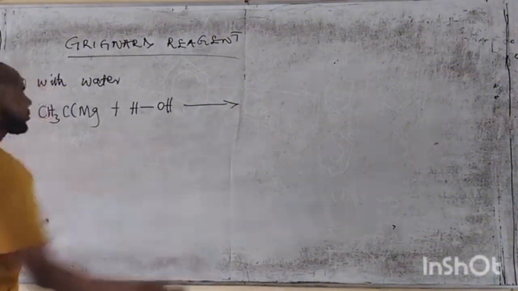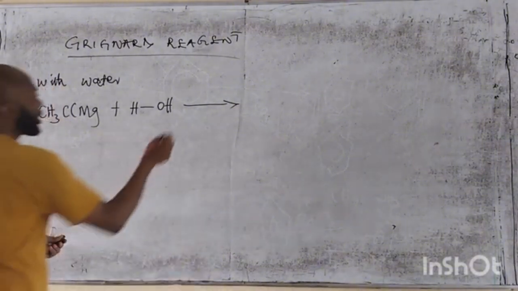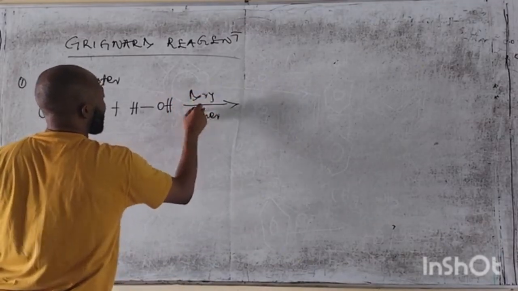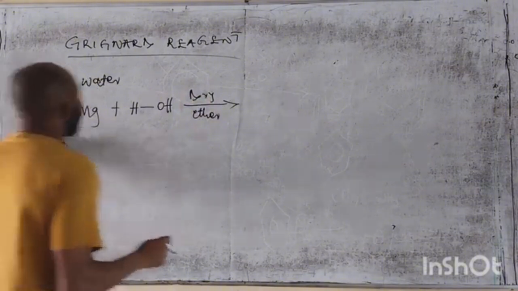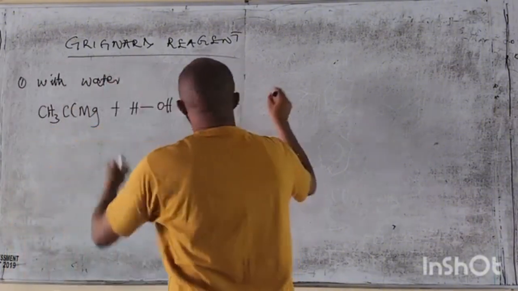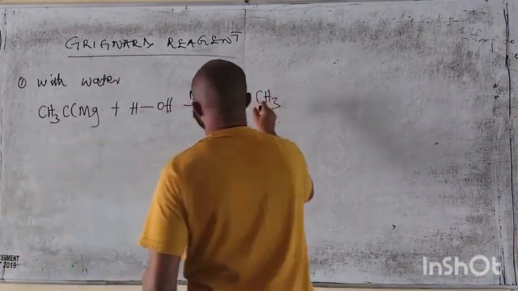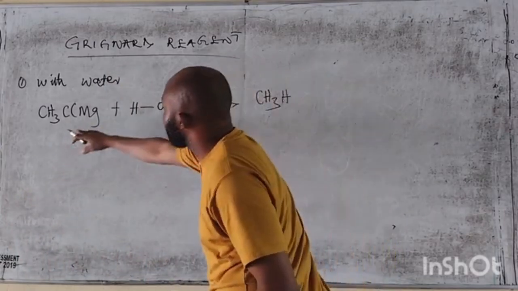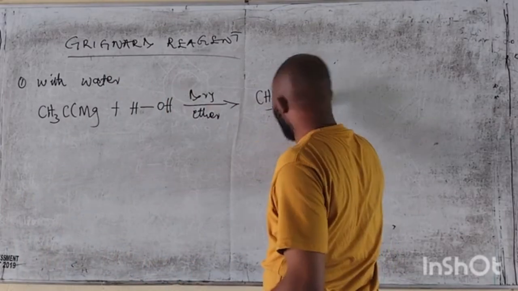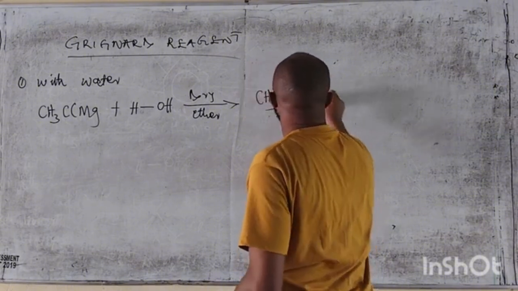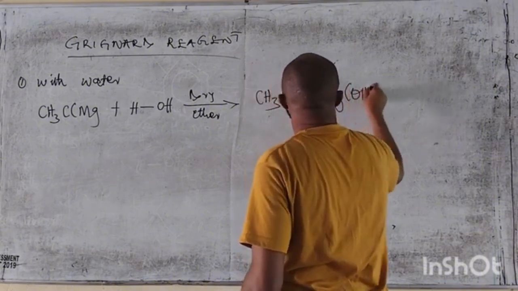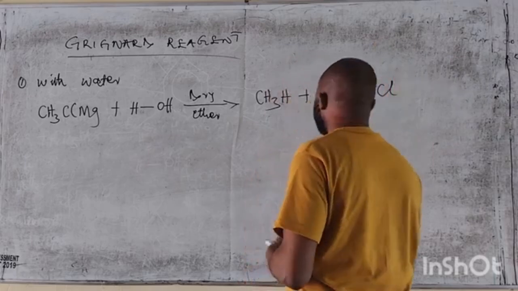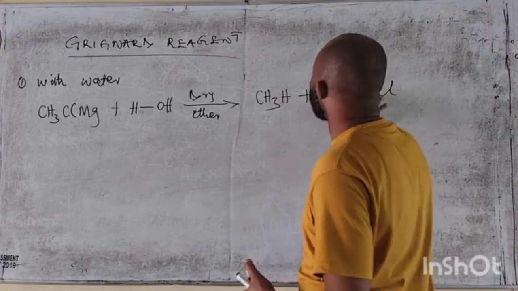In the course of the reaction, in the presence of dry ether, I will have CH4, because it takes the hydrogen, plus magnesium hydroxide chloride, Mg(OH)Cl. So for the reaction with water, this is what I get.